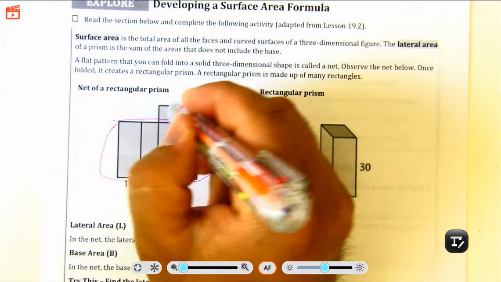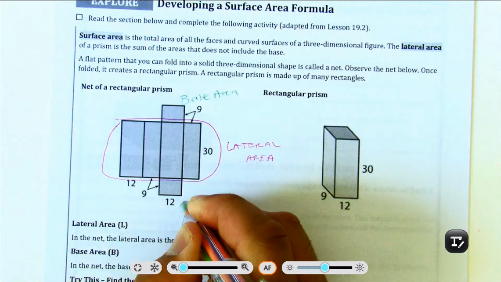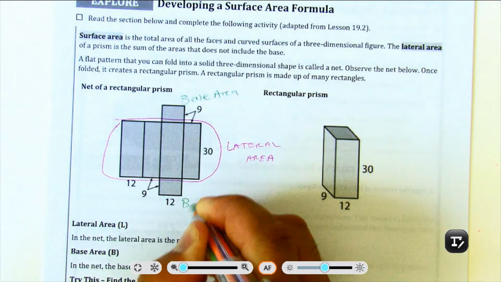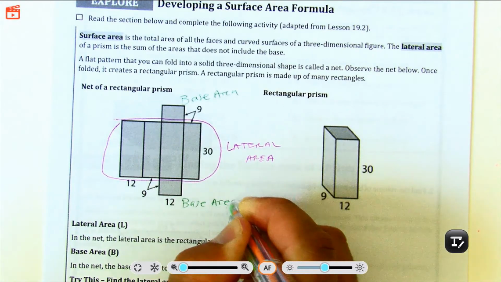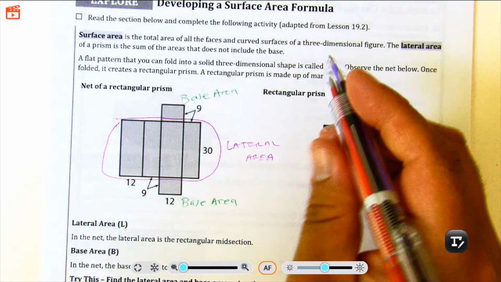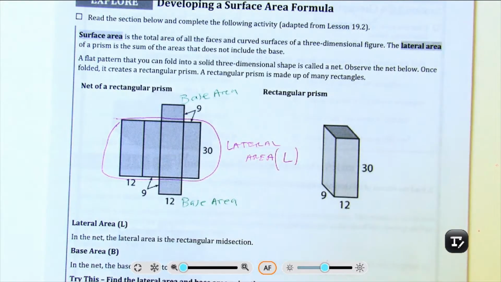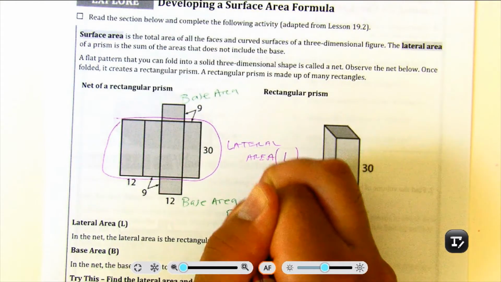So the base area and then the base area. So what we do is use capital L to talk about lateral area, and then we use capital B to talk about base area, which kind of explains it here.